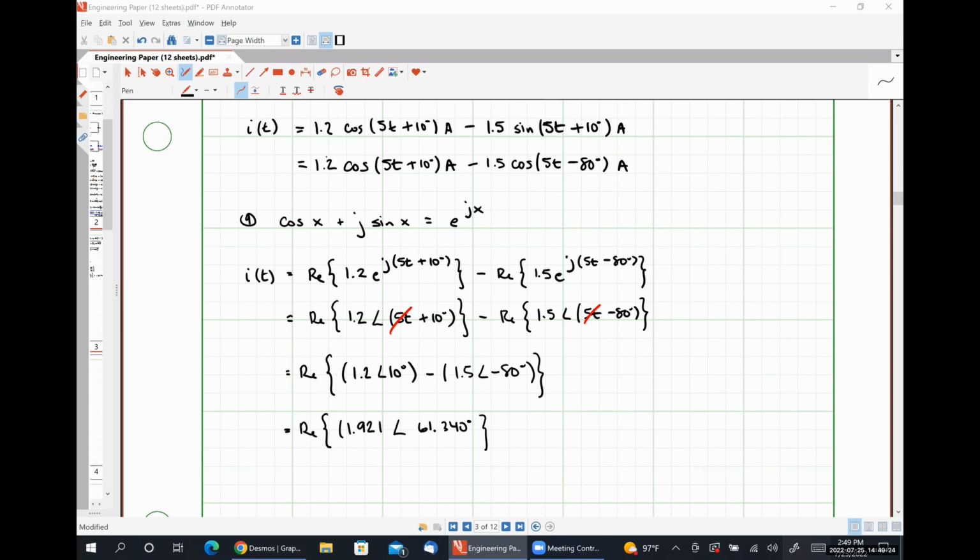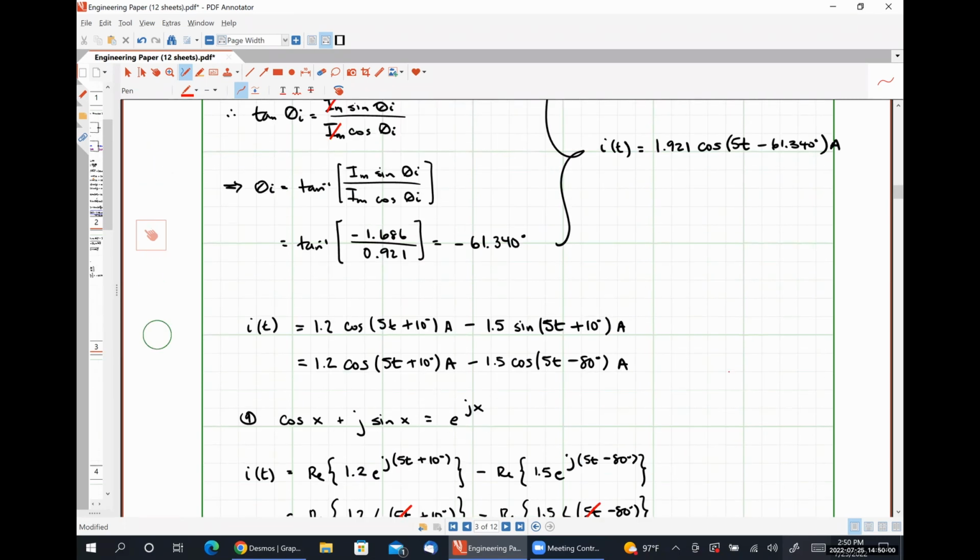All right, so let me talk about what I'm trying to do here, because I've messed up a sign somewhere. All right, so bear with me a moment here. I believe very fundamentally that this sign right here is supposed to be negative 61.340 degrees. I might be mistaken, but it'll be okay.